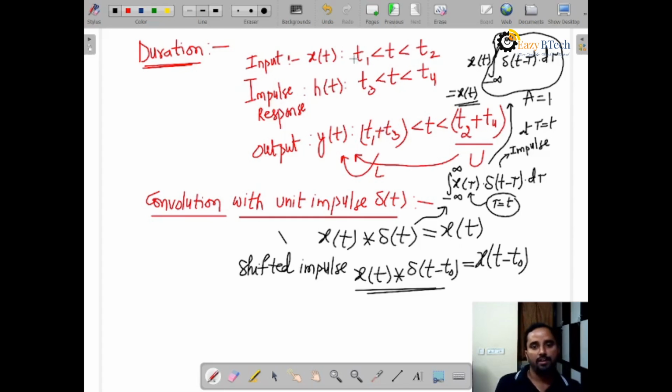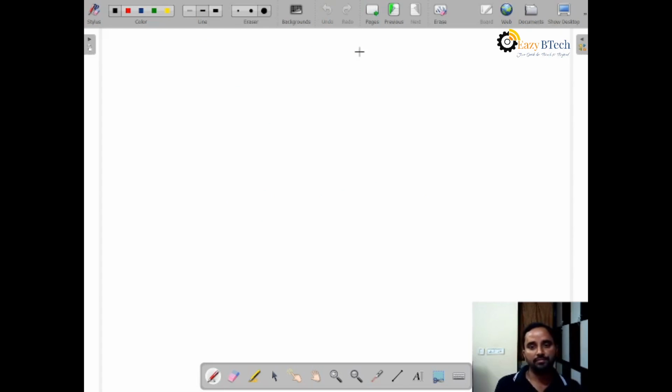And the next thing we are going to see is causality and stability. Very, very important properties.